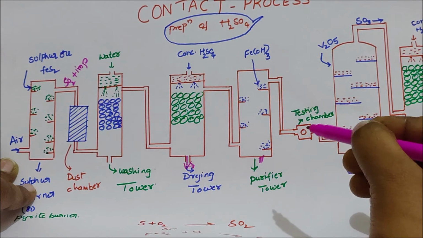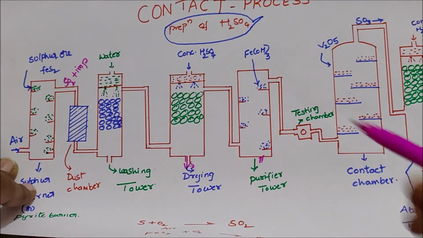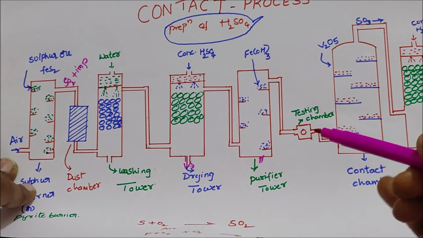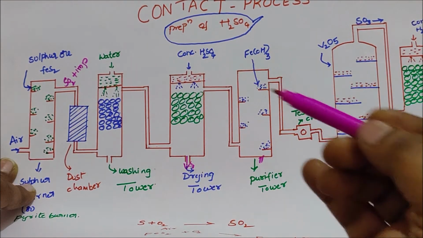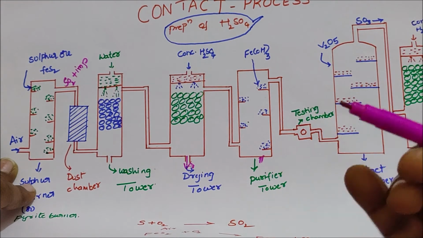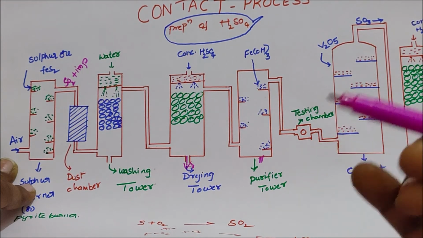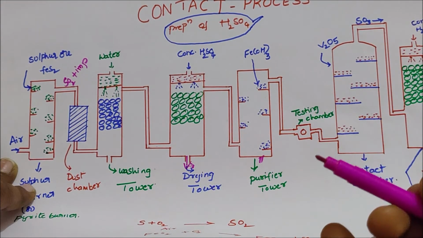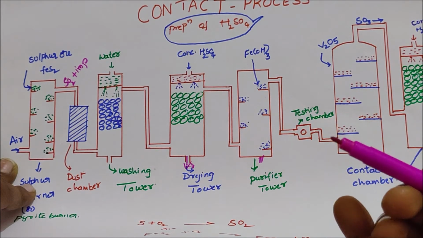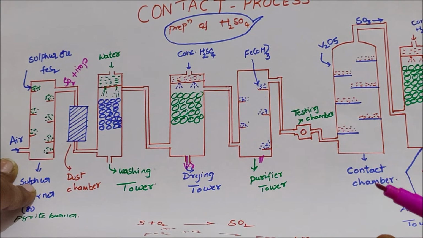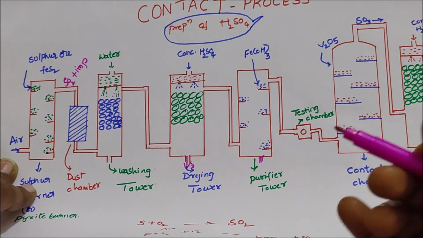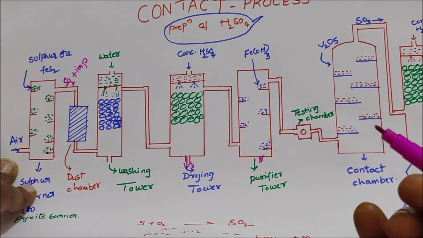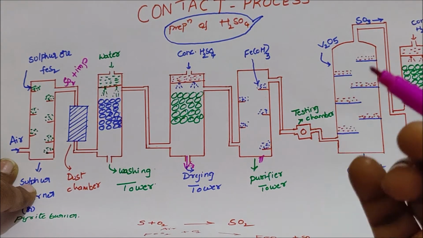It then passes through the testing chamber. In the testing chamber, the sulfur dioxide is tested, and if there are no impurities present, it will give a positive result. So the sulfur dioxide is passed through the contact chamber in the presence of a catalyst, where it is treated with oxygen.